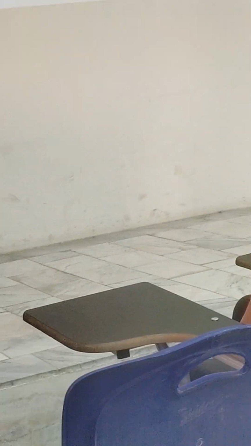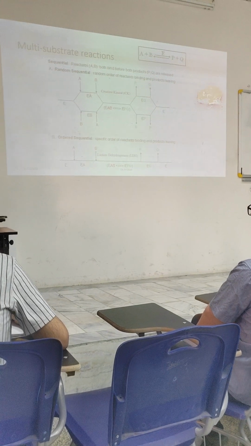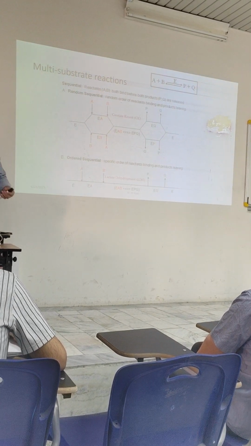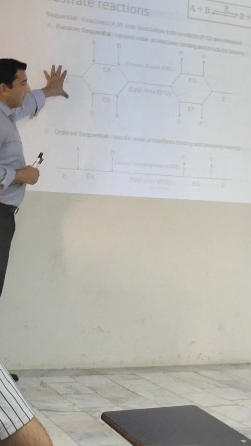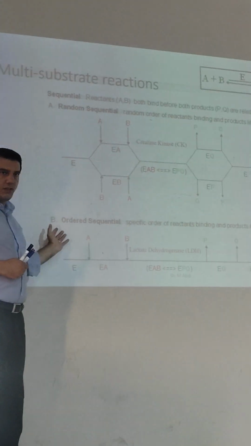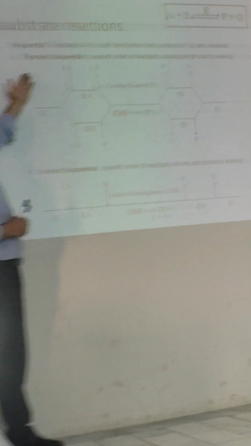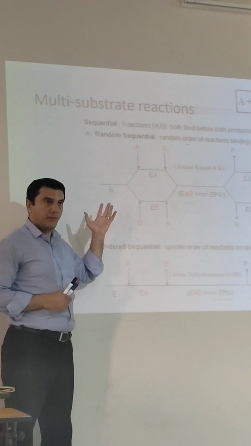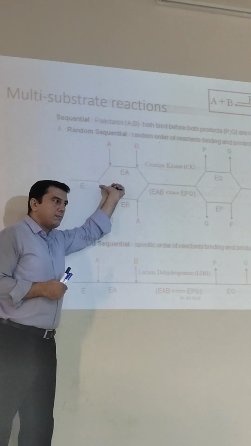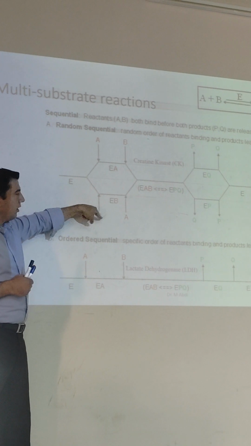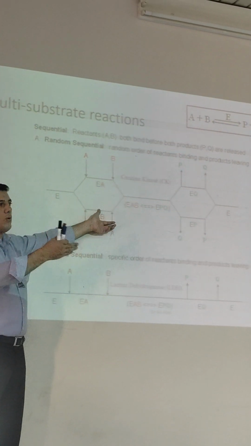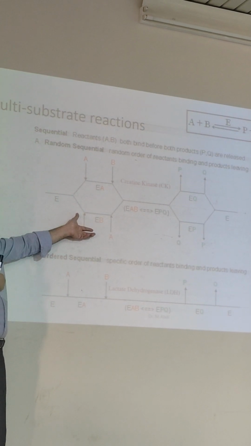Regarding the sequential mechanism, we have two subdivisions. The first one is random sequential, which means each substrate could enter the active site without any arrangement.